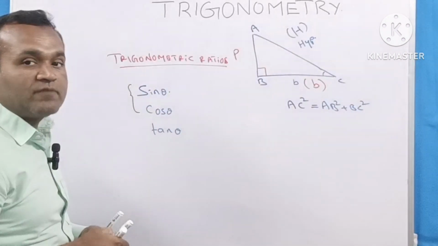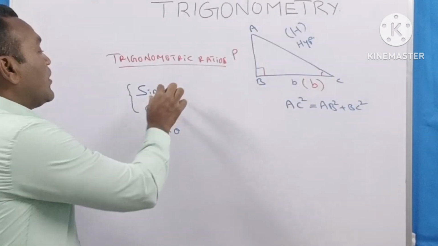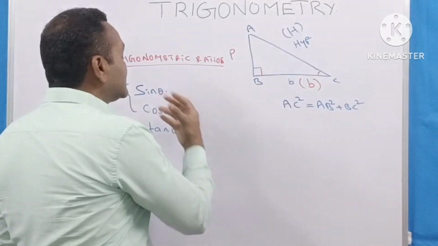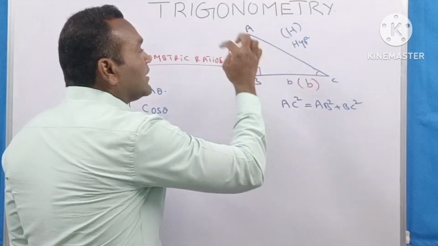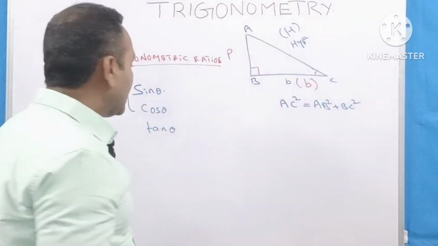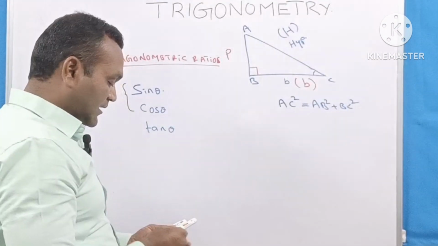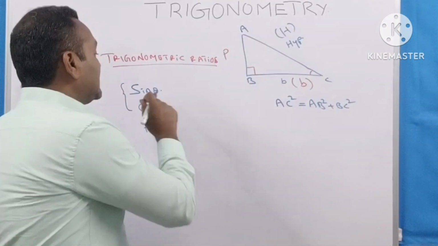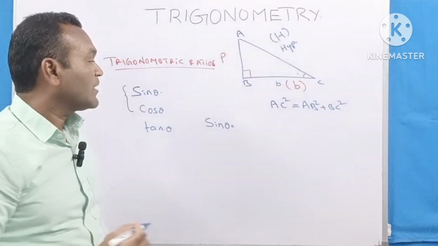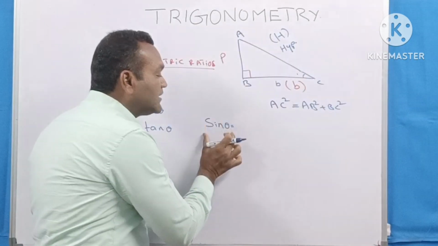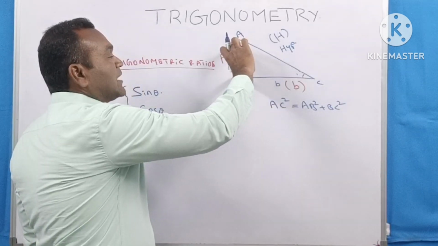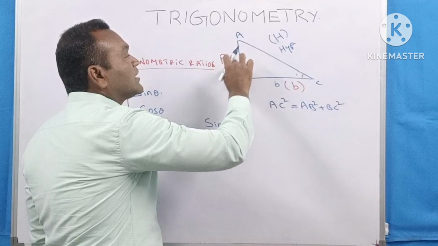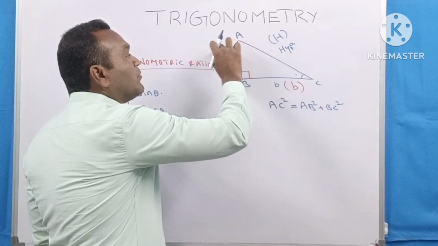What is sine theta in this right angle triangle? What is the formula of sine theta? Let me give you the definition. Sine theta means this side by this side. What is this side? Perpendicular or opposite.